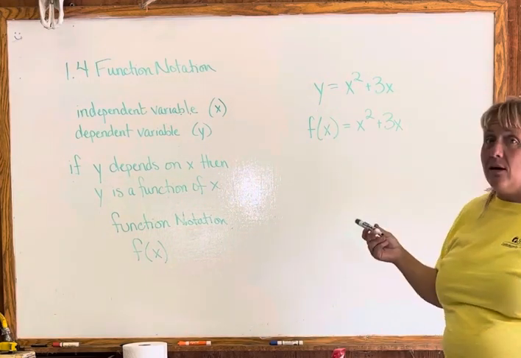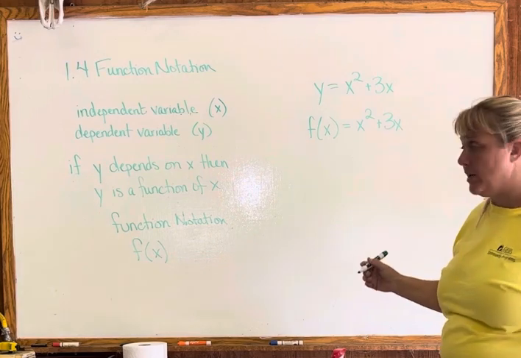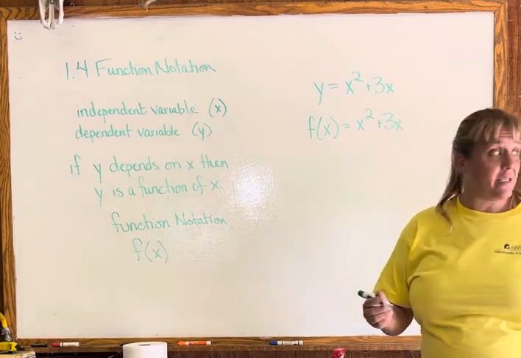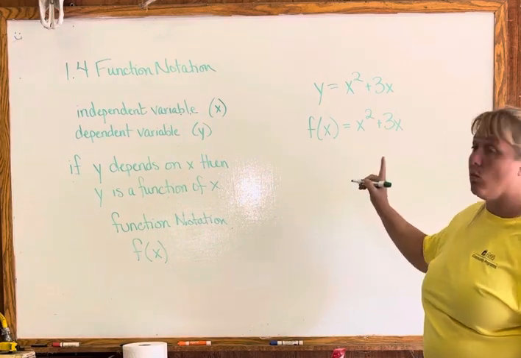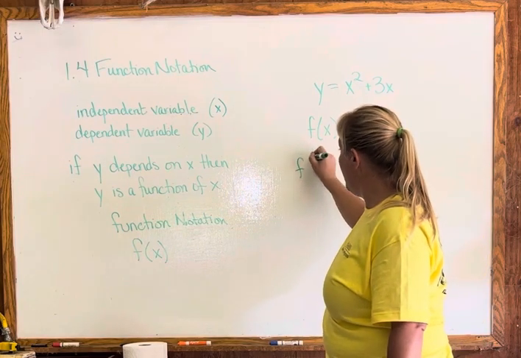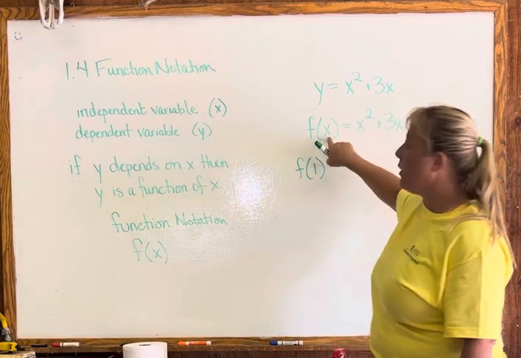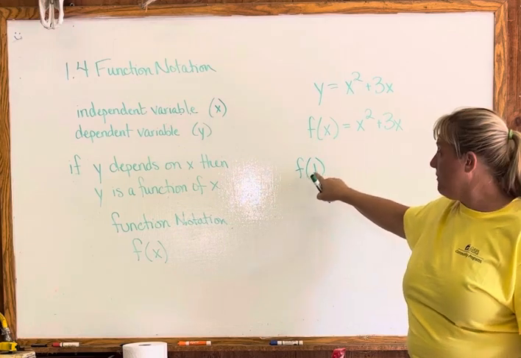This also allows us to write our answers in a little bit more simplified notation. So in the last lecture, I said, if x equals 1. Well, if I want x to equal 1 here, what I'm going to do is plug it in to where the x is in the function notation. So I'm going to say f of 1.